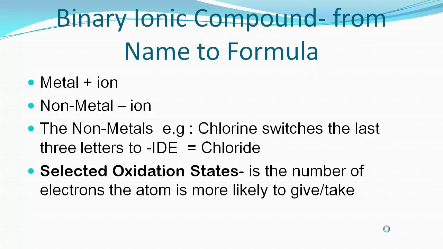So now we have a binary ionic compound, which means two elements are used in an ionic compound. So now we know we have one nonmetal and one metal.